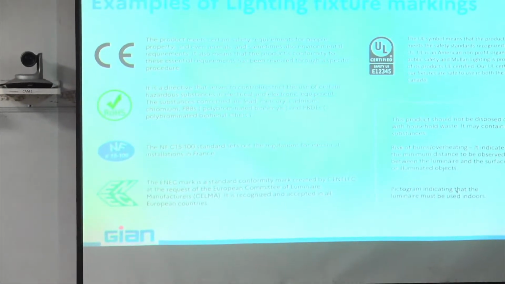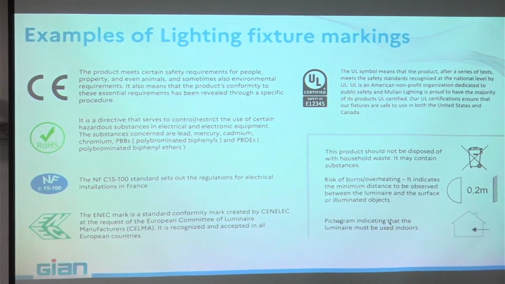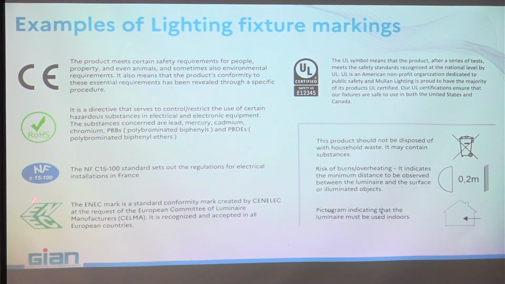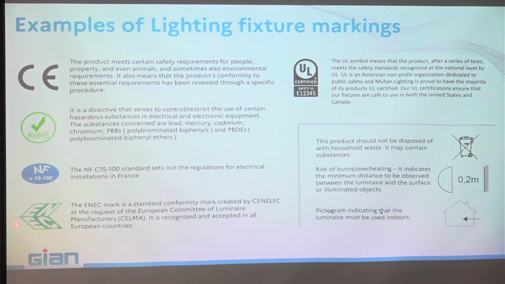NF, this is special for France, means that this product is compliant with the French standard C1500, which is in fact the equivalent of IEC 1500. Okay. ENEC, this is also very important. This is a real quality standard.